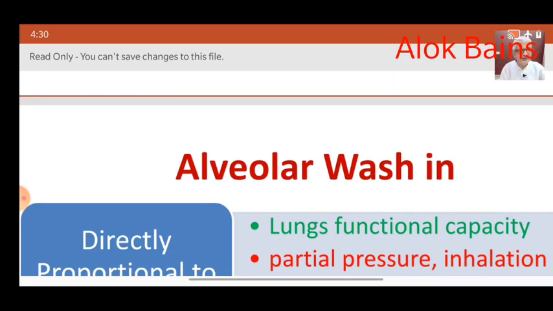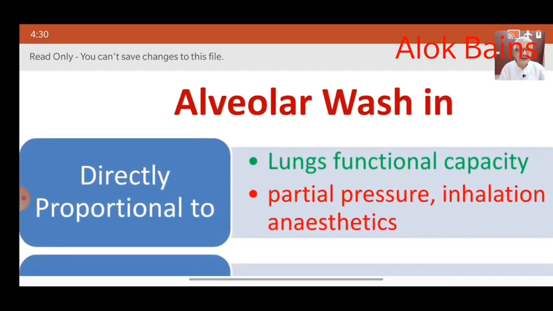Let us start the first group, that is the factors that directly increase the rate of inhalation anesthetics alveolar wash-in, that is rate of movement of inhalation anesthetics from the respiratory tract into lungs alveoli. These factors are lungs functional capacity. If the patient's lungs are healthy, they have sufficient or high functional capacity.